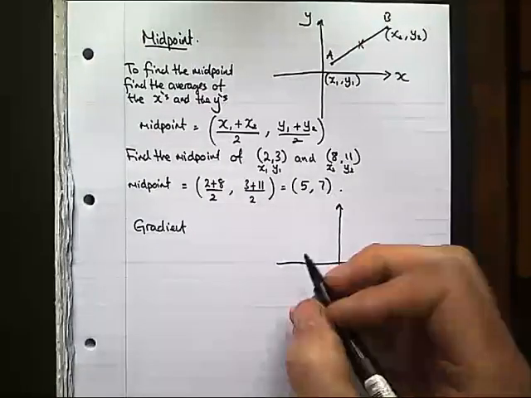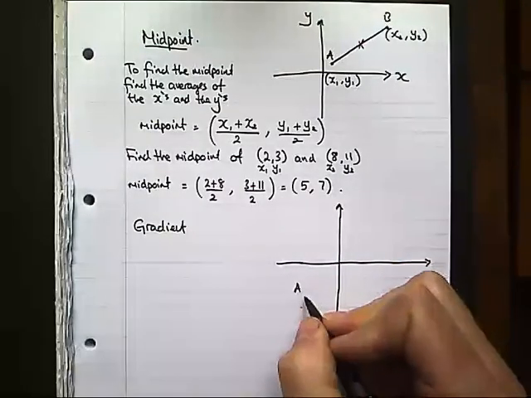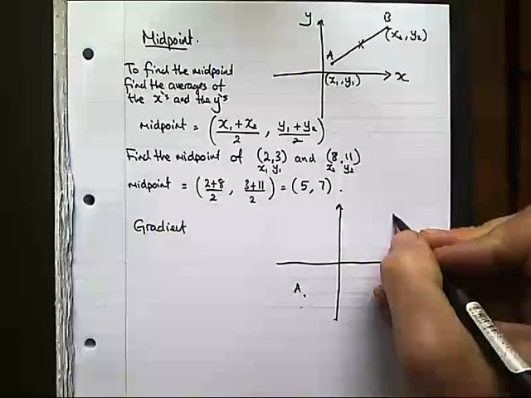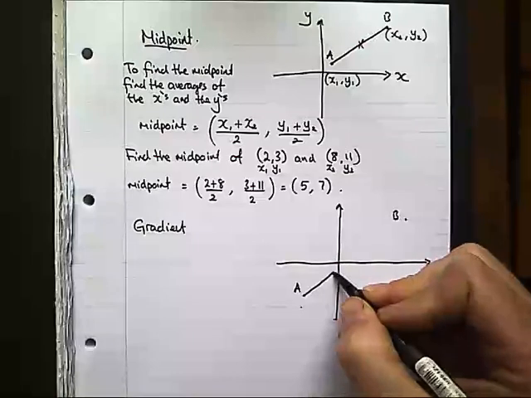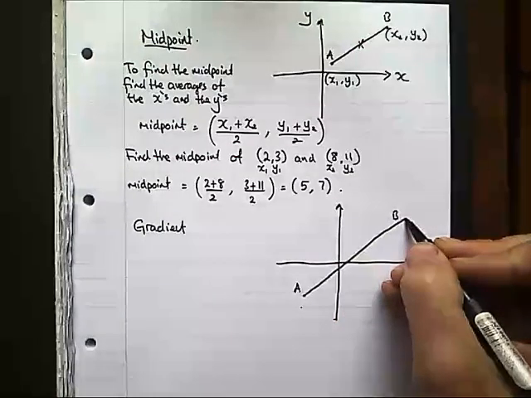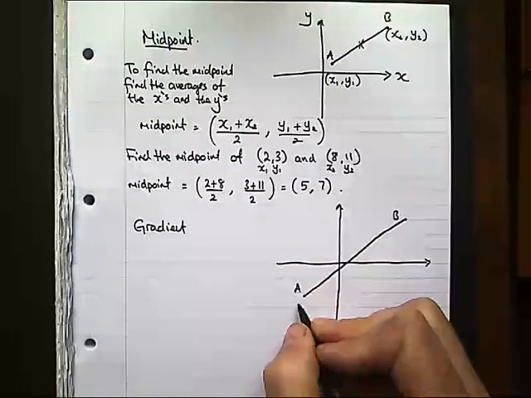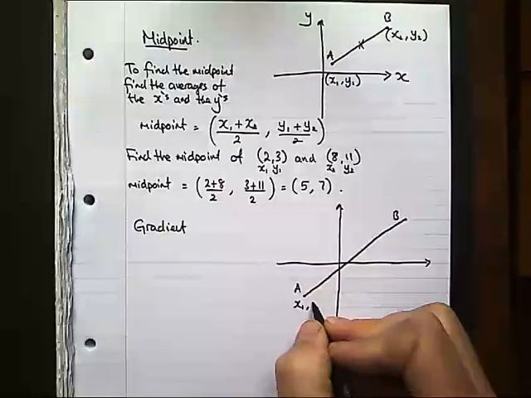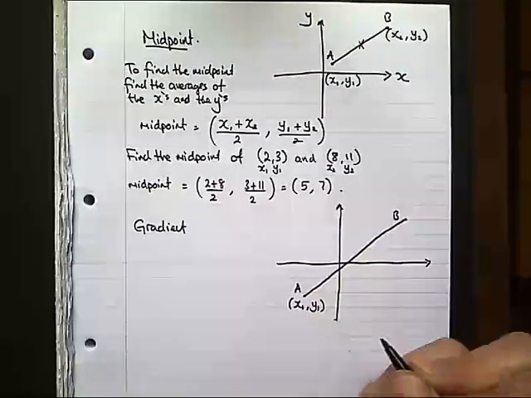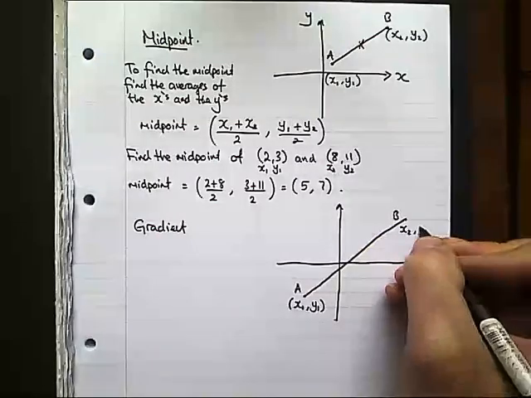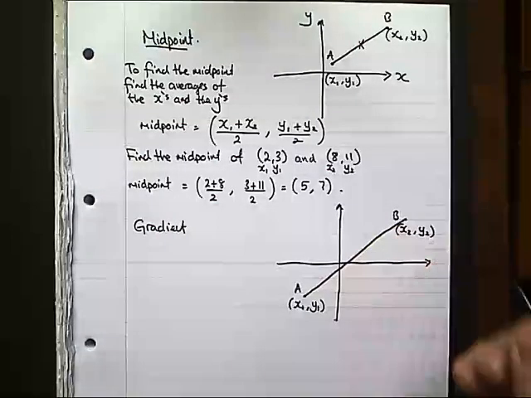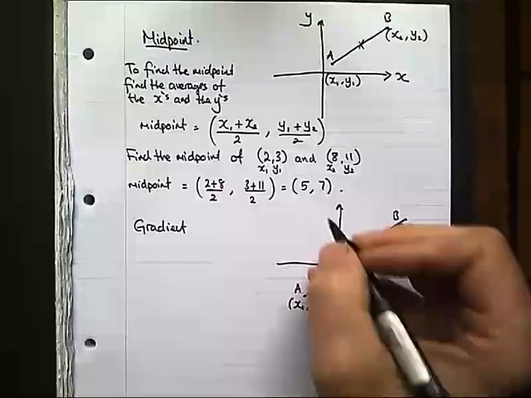So if I had a coordinate over here, A, and I had a coordinate over here, B, and I were to join it up with a straight line, don't forget that A I'm going to call (x1, y1), because they'll have an x coordinate and a y coordinate. B I'm going to call (x2, y2). Let's make sure we label our graph properly when we do our sketch.